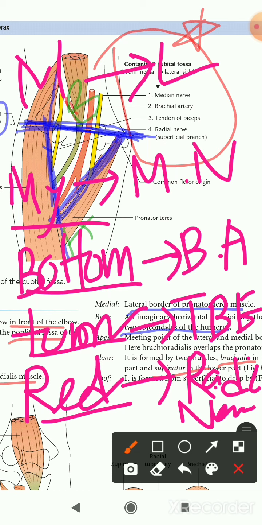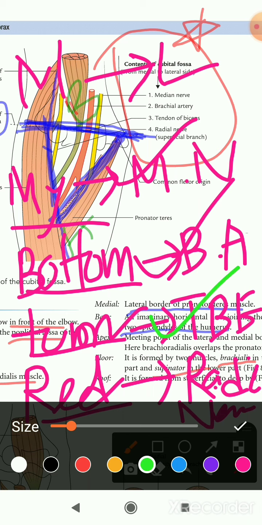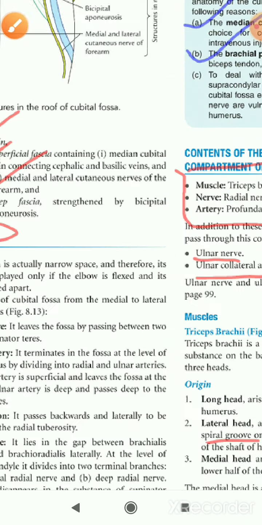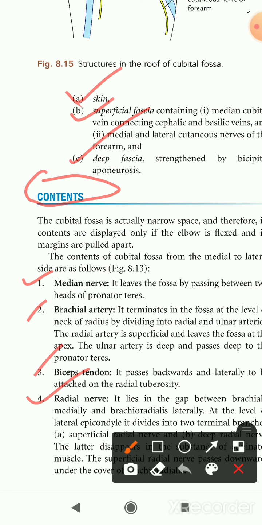So from medial to lateral: median nerve, brachial artery, tendon of the biceps brachii muscle and radial nerve. So these are the contents of the cubital fossa.